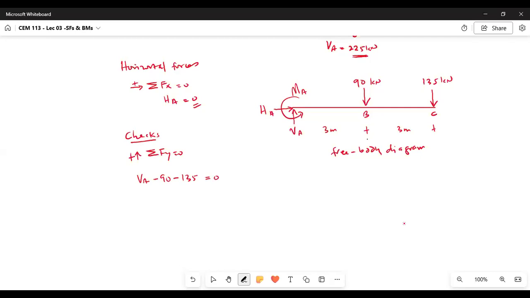This will give us 0. So the VA is 225 minus 90 minus 135, and this is 0. So once you get 0, it means that your reactions are correct.